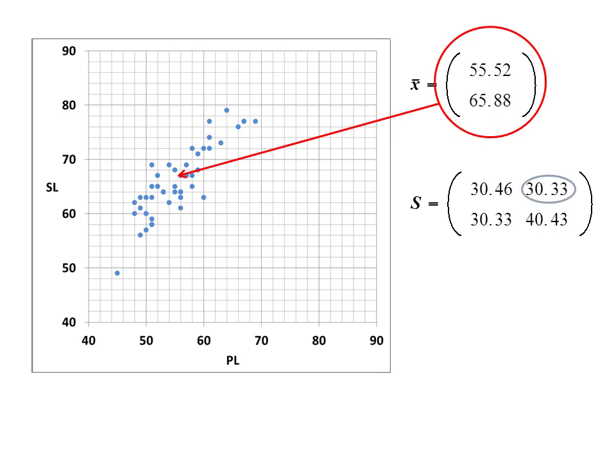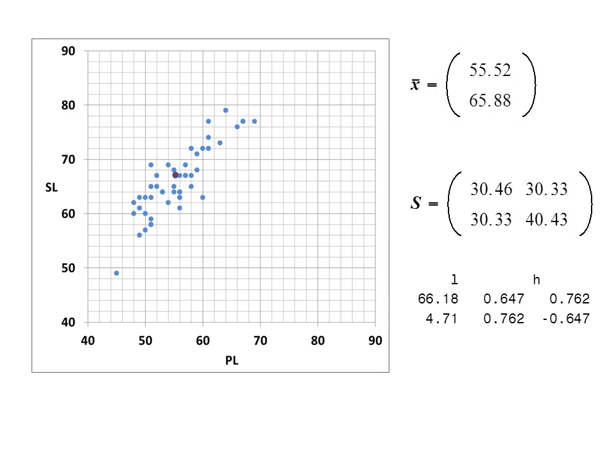The positive value of 30.33 for the covariance between the two variables means that there is a positive relation between the two variables. We also see that the variation in the measurements for petal length is smaller than that for sepal length. Using this to calculate the correlation gives a value of 0.86.